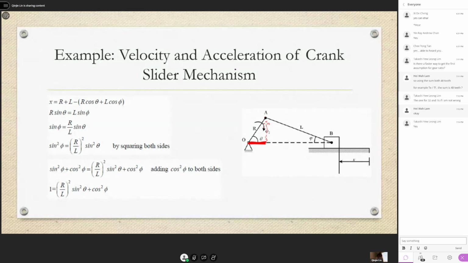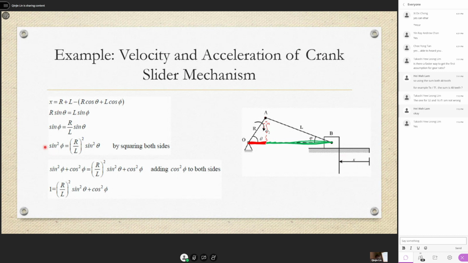Then L cosine phi is this part. So you see, the first one is the whole thing minus these colored ones. That's going to give you the position X. So it's based on this.